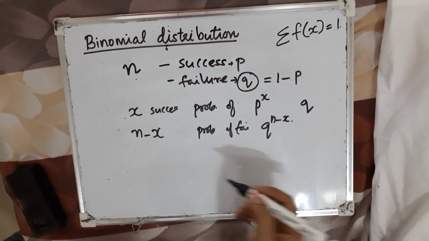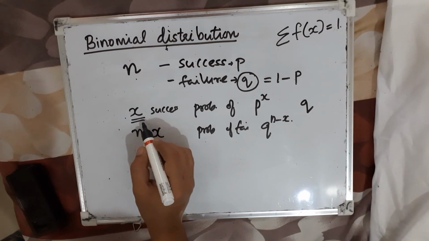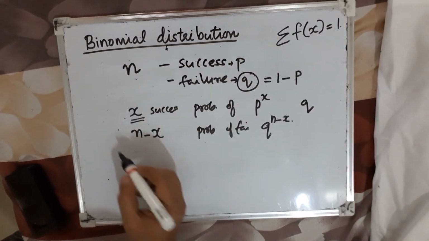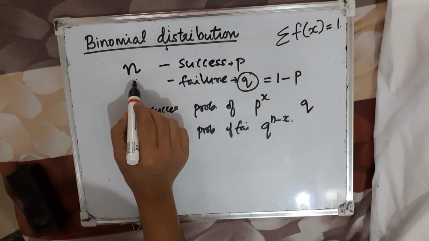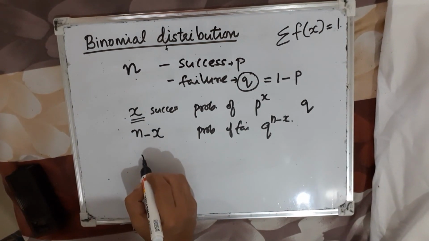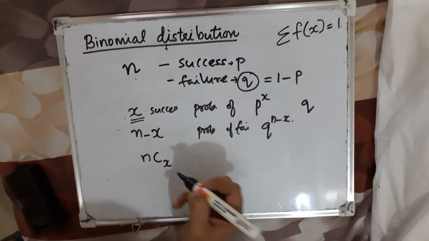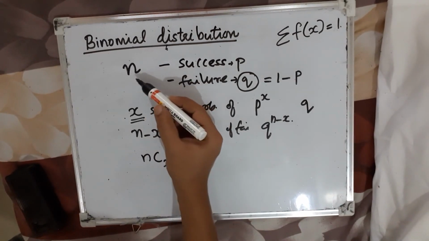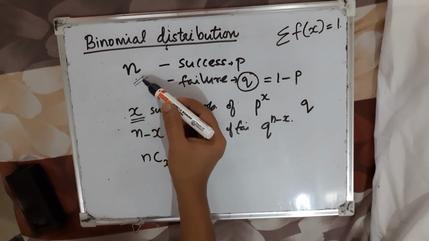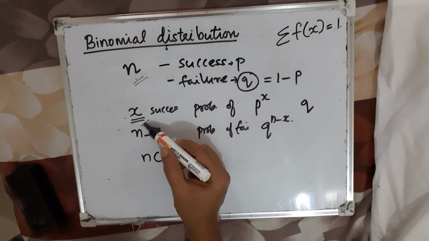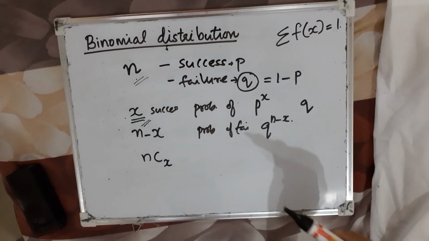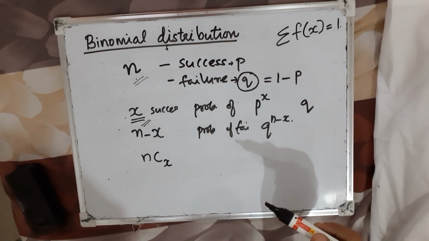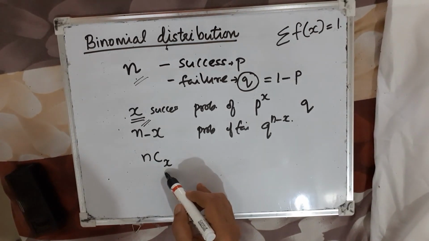These x successes can happen from n trials in nCx different ways. There are a total of n trials, and out of these there are x successes. The x successes can happen in nCx different ways.